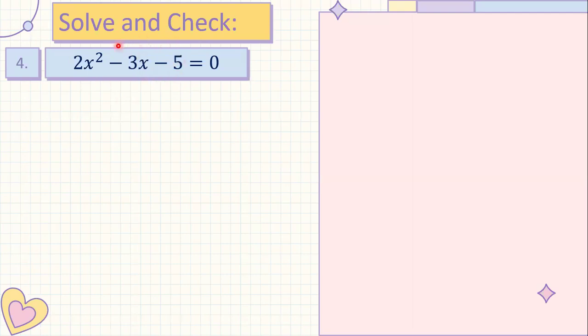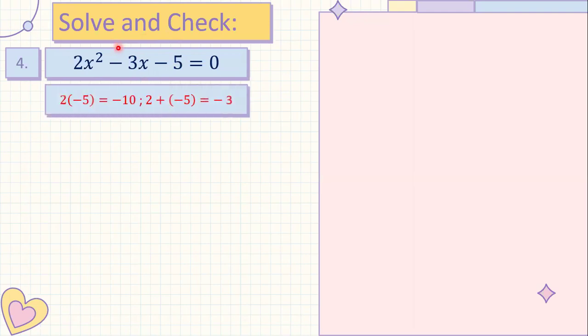So, how are you going to do that? Multiply 2 and negative 5, and that gives you negative 10. And if you add 2 plus negative 5, that gives you negative 3. Right?